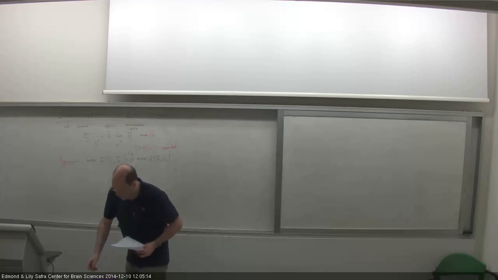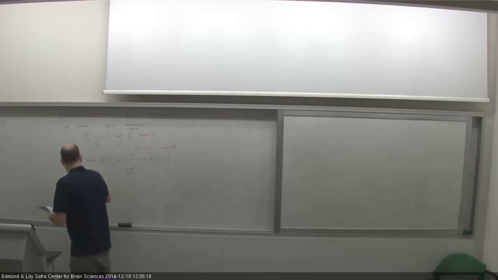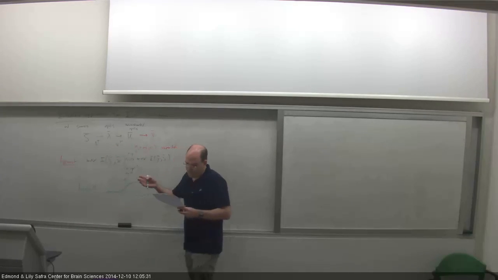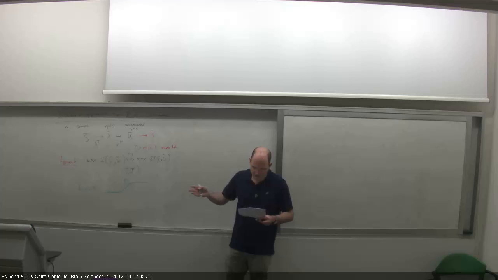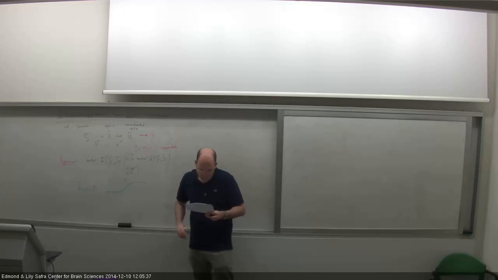And so, for example, if the p is logistic, then the appropriate form of g is a function that looks like this. It's a cumulative probability distribution of the logistic function. It's a hyperbolic tangent with some offset.